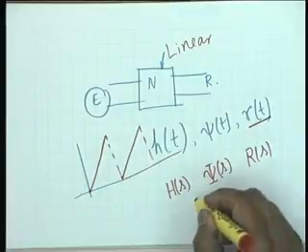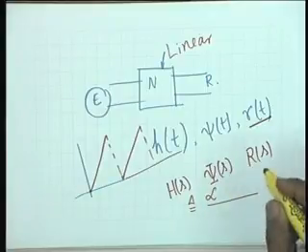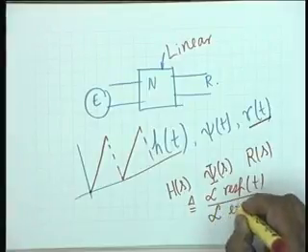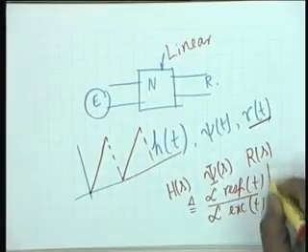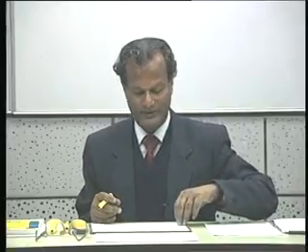For example, h of s, as you shall see, is the Laplace of the response as a function of t divided by Laplace of excitation as a function of t, with the network initially relaxed. And initial relaxation means that all capacitors are initially discharged and all inductors have initially 0 energy, that is, there is no initial current in the inductors. So, that takes care of time domain and frequency domain descriptions of a network.